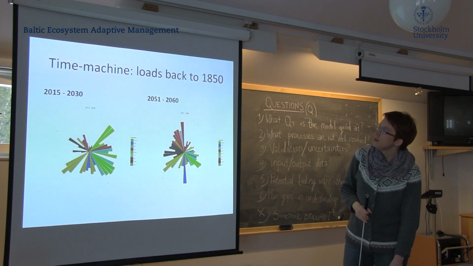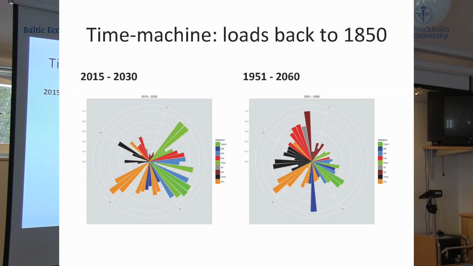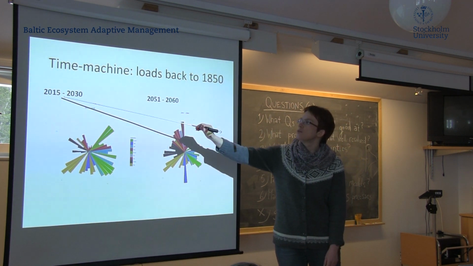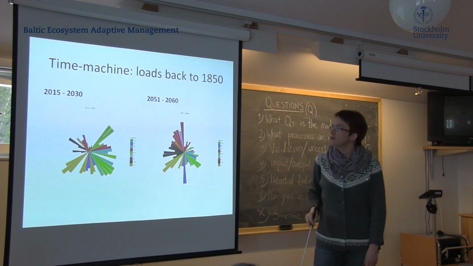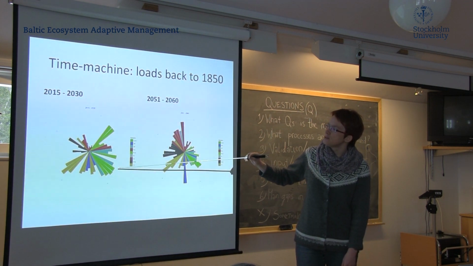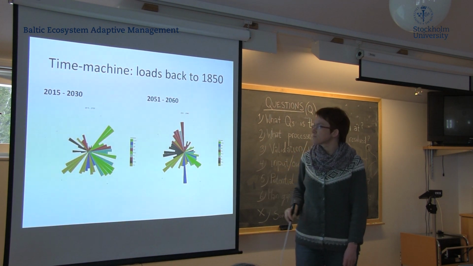So now if we set the nutrient concentrations back to the levels in 1850, and we implement that stepwise from 2007, and I use some 20 years as a transition period. Actually, the first effects in the model you see already in the time period 2015 to 2030. You get less productive. But you still have a lot of nitrogen fixation, and you still have a lot of phosphorus in the water column.